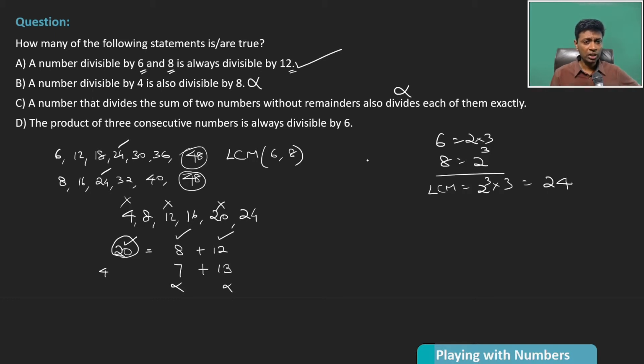The product of three consecutive numbers is always divisible by 6. Oh, this is interesting. 1 into 2 into 3 is 6. 2 into 3 into 4 is 2 into 3, 6; 6 into 4, 24. 3 into 4 into 5: 3 into 4, 12; 12 into 5, 60. 4 into 5 into 6: 4 into 5, 20; 20 into 6, 120.